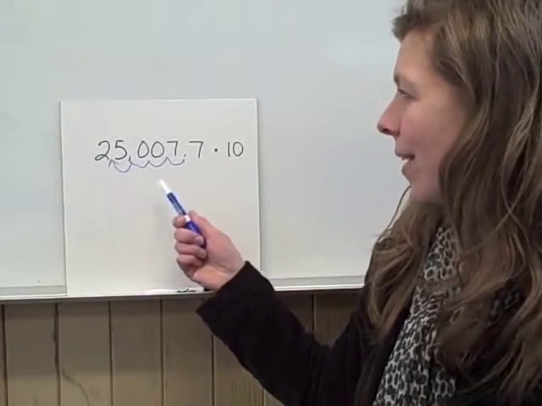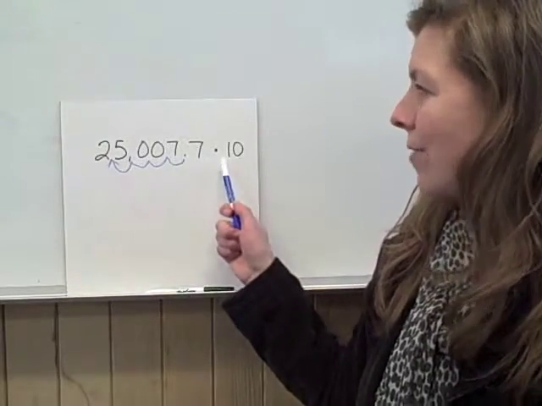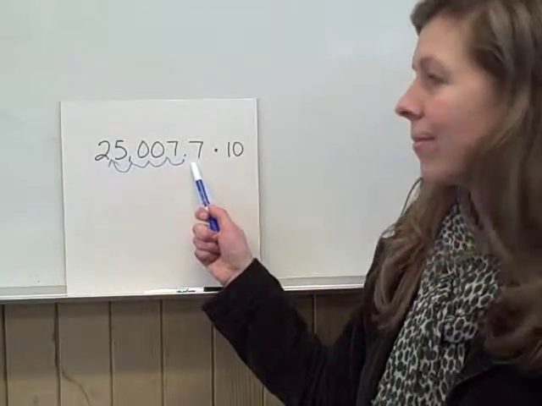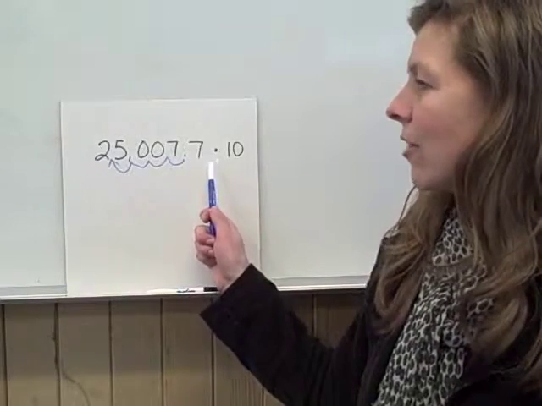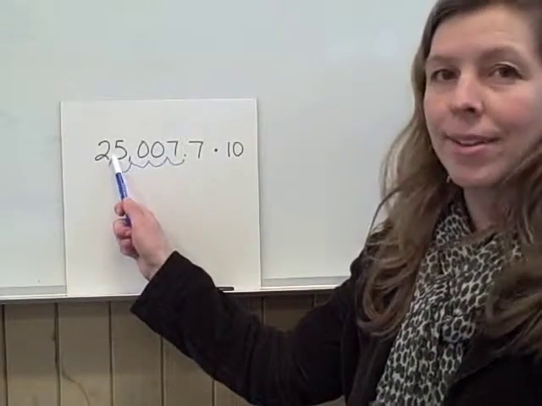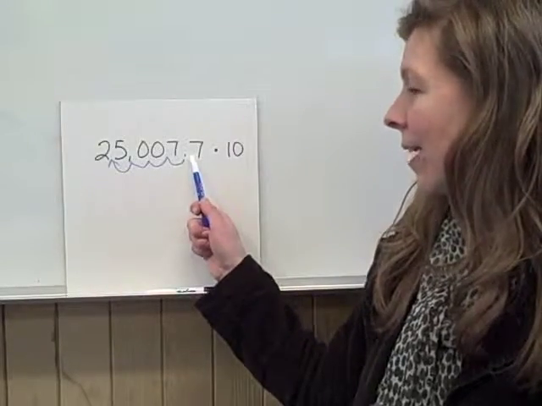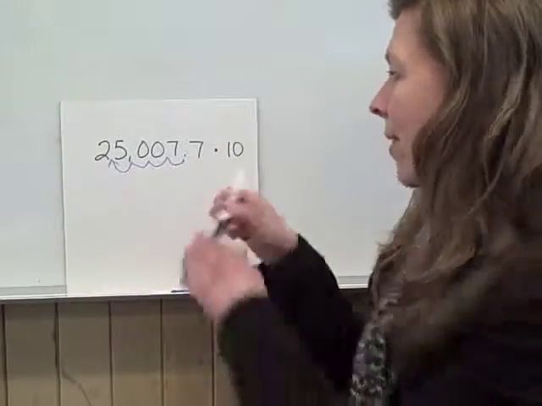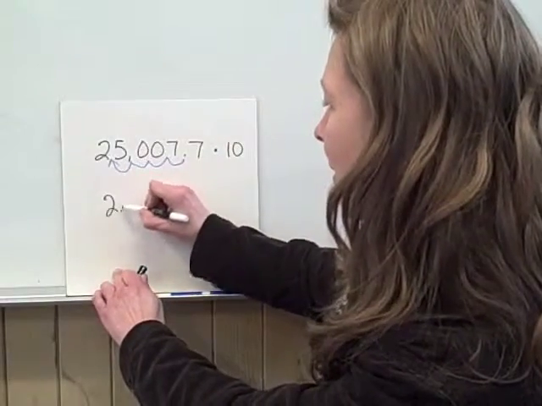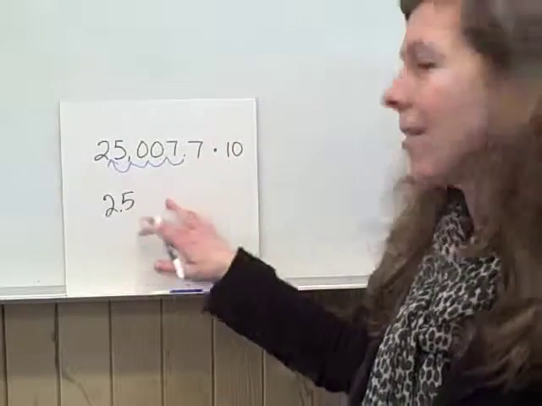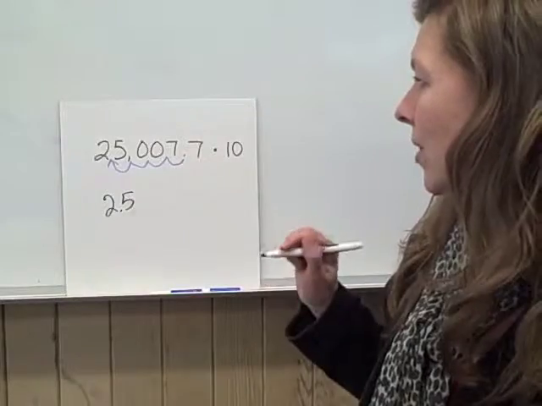What you want to be thinking is, what do I have to do to this problem to change it so that the decimal point is at 2.5 rather than way over here? And in order to do that, let's go ahead and put it right here. And we're rounding to the nearest tenth, so we're going to ignore those other digits there.